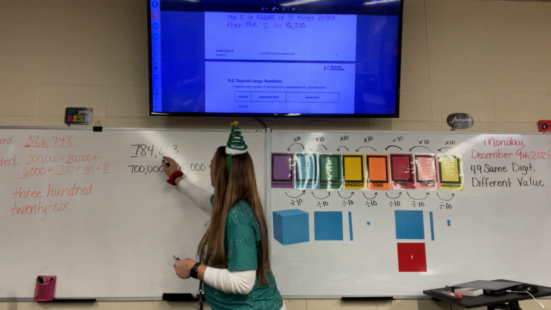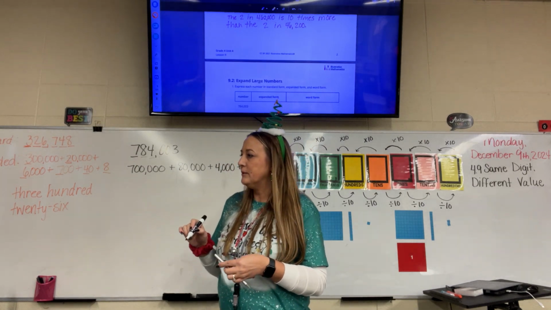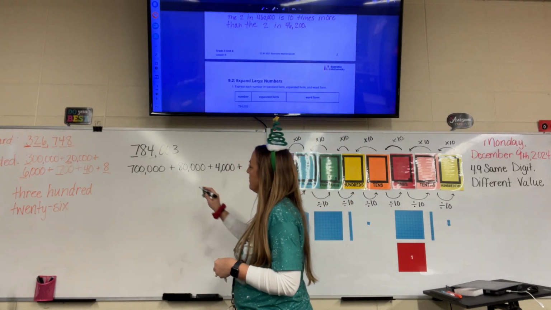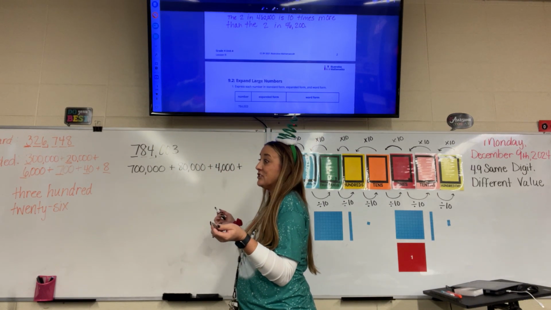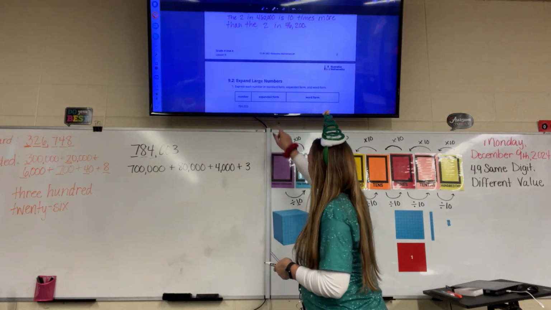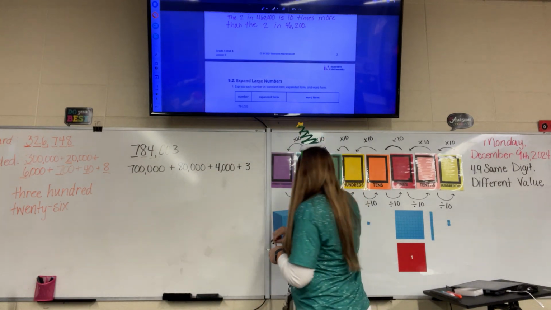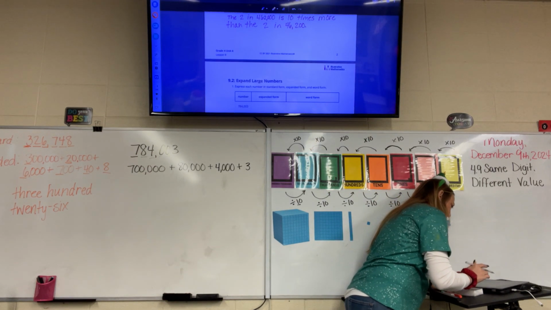And then we don't do anything for these guys. And then the last thing we add on is what, Cameron? What's the value of the 3? Just 3, right? Okay, so make sure you have written that in this box. 700,000 plus 80,000 plus 4,000 plus 3.